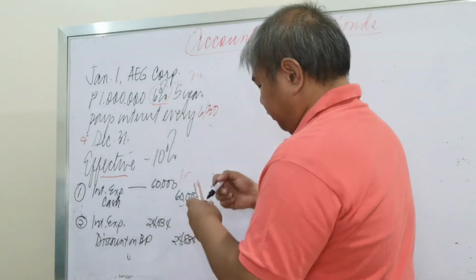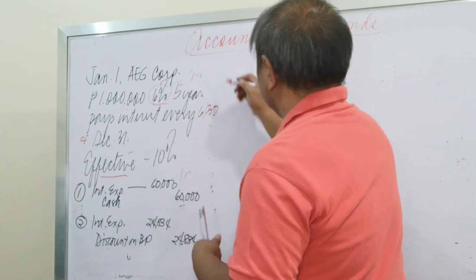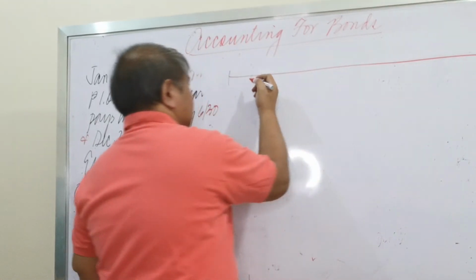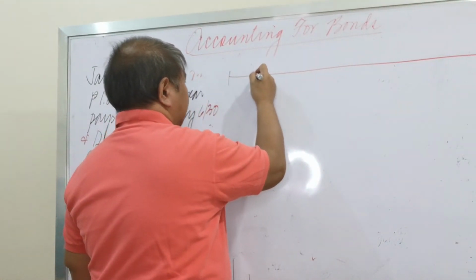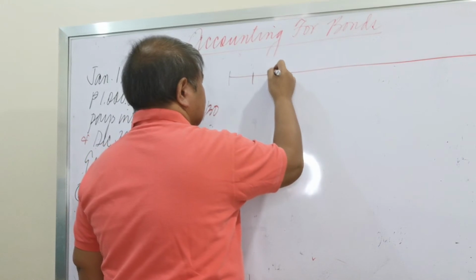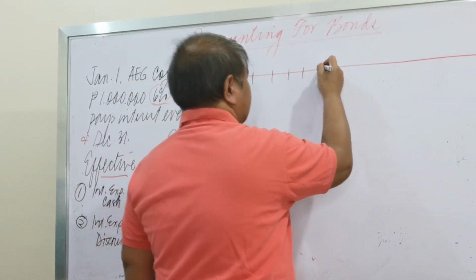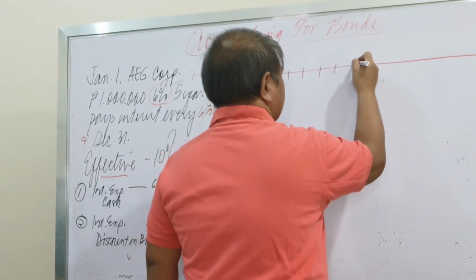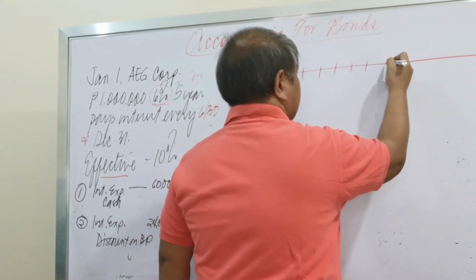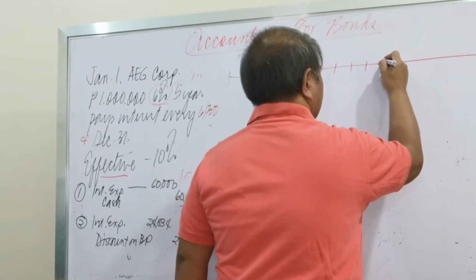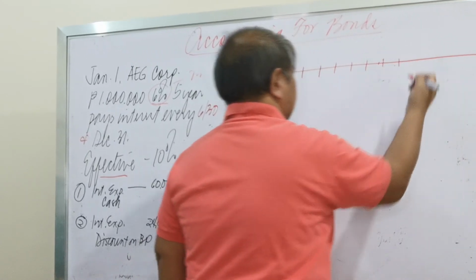Okay, so if you're going to draw a timeline, the timeline is what? Every six months they pay interest. Second year, third year, fourth year, and then fifth year. Okay?